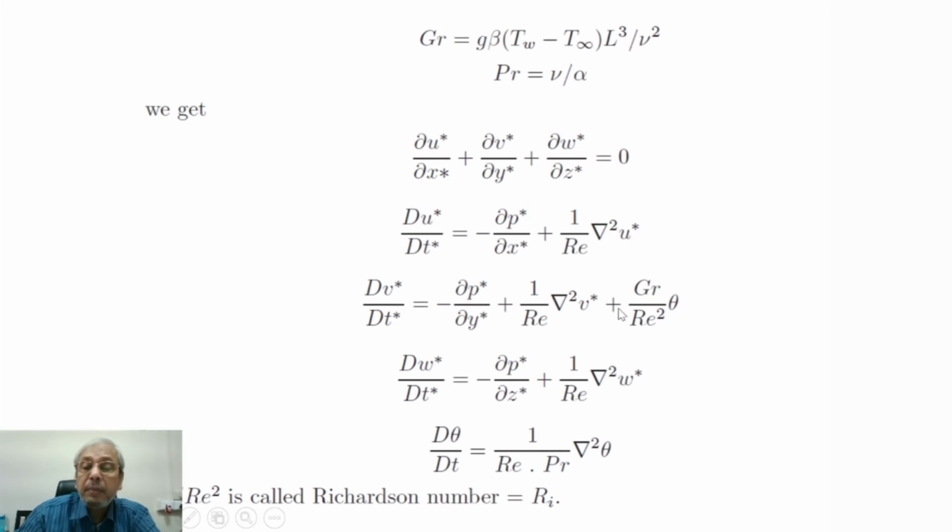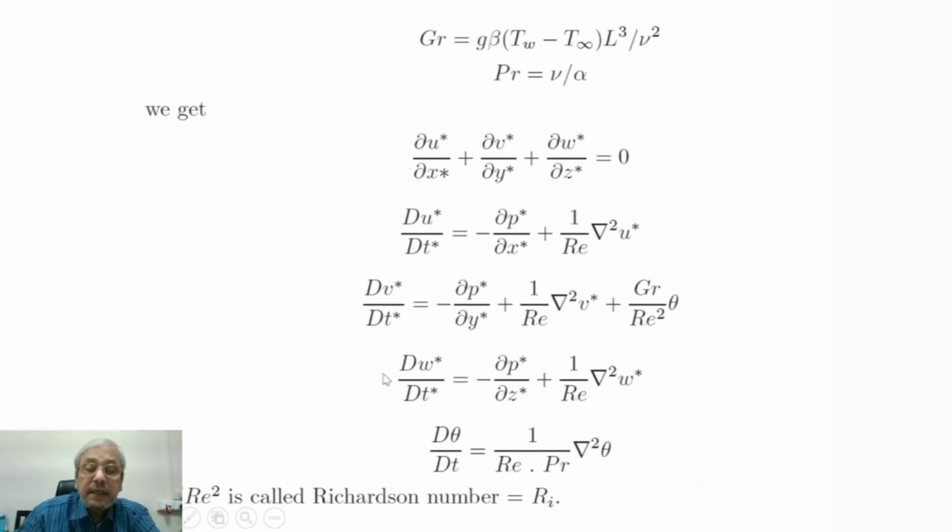And this is the momentum equation. The momentum equation has a term which has theta built in. That means this momentum equation is connected to the energy equation. So this is a coupled situation.